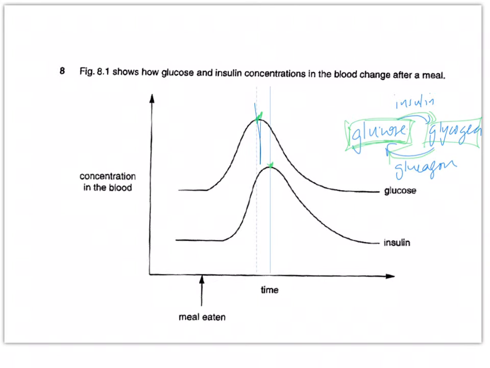You realize that glucose peaks before insulin. This makes sense because the change in glucose concentration is detected by the hypothalamus, which sends signals for the pituitary gland to secrete insulin into the blood, and eventually the liver is the one that converts glucose to glycogen.